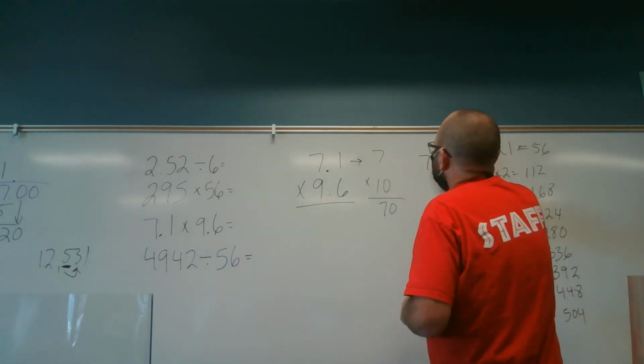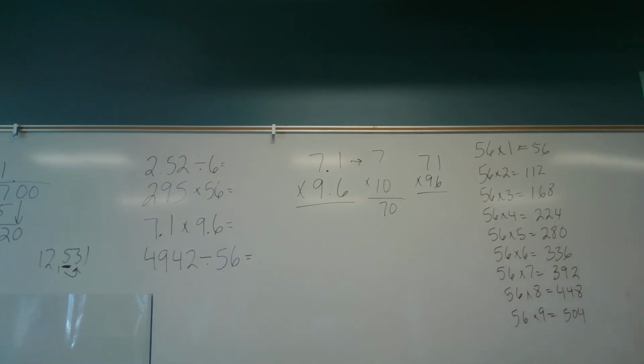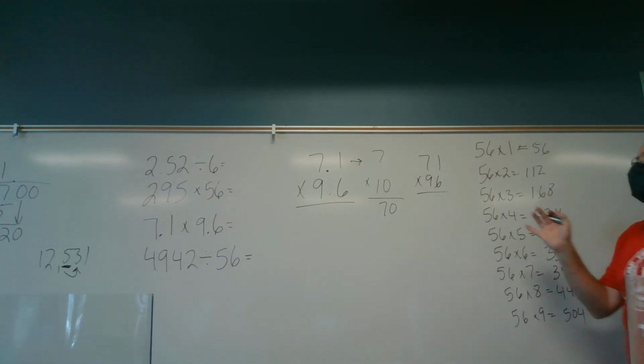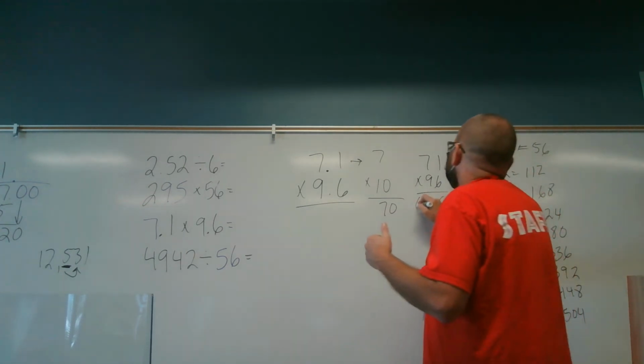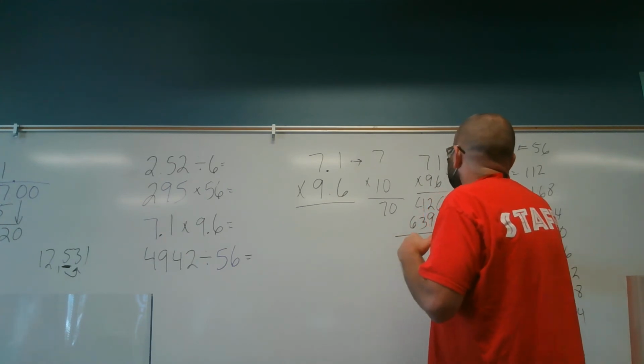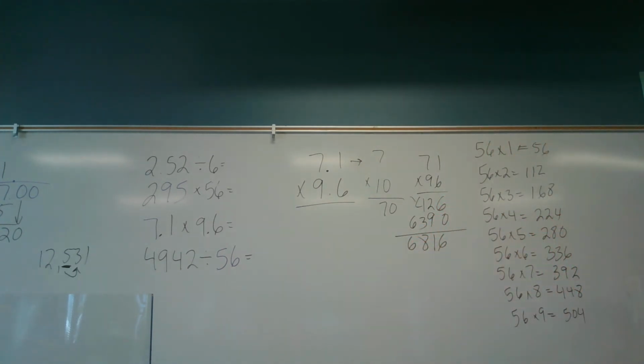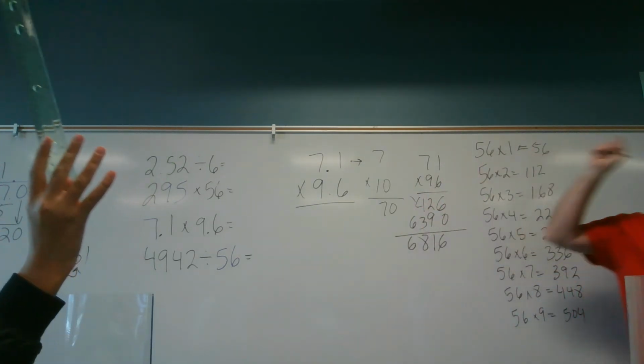Then I rewrite it, ignoring the decimal point, and multiply it like it's a whole number. I get 6,816. But wait, it needs to be close to 70. Where would I put my decimal point to make it close to 70?